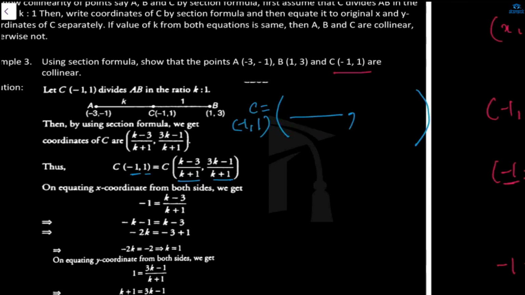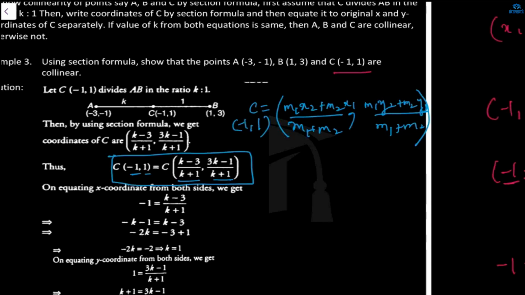So I will write the section formula here: m1 plus m2 in the denominator, m1 x2 plus m2 x1. Similarly you will have the y coordinate, m1 y2 plus m2 y1. Understood? Now in this formula we put the values.